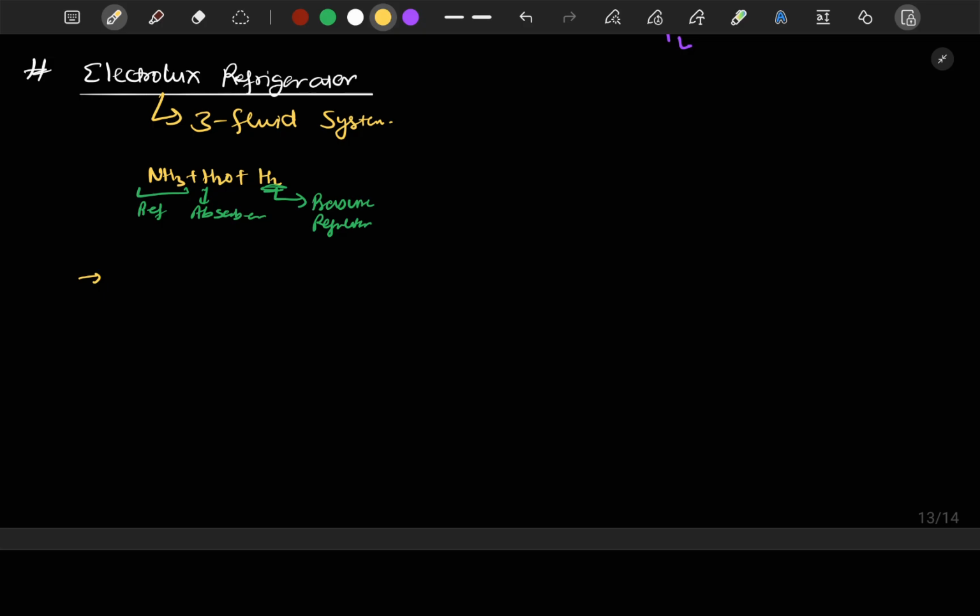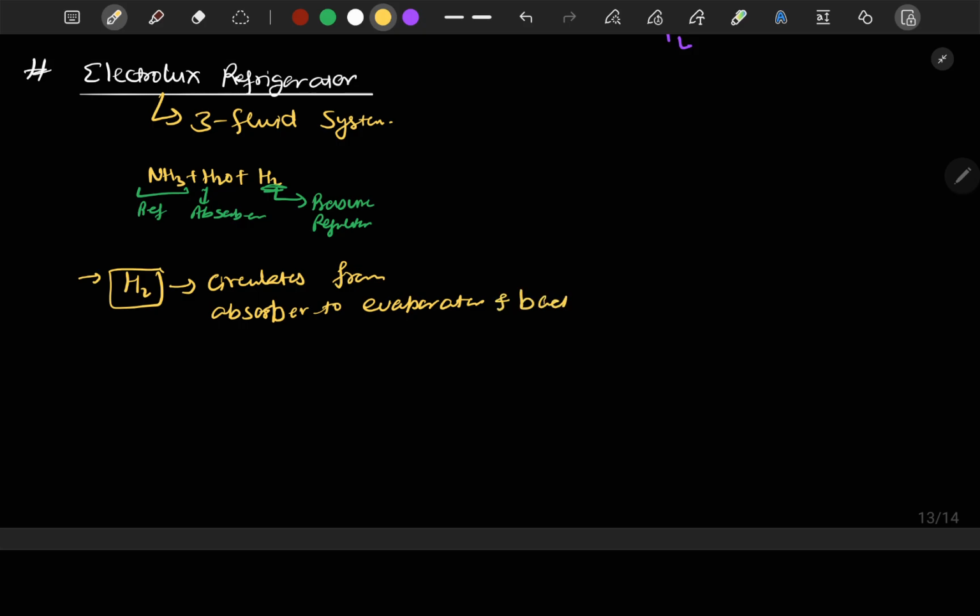Now if we talk about hydrogen gas, it only circulates from the absorber to the evaporator and back. So this hydrogen gas only moves from the absorber to the evaporator and back to the absorber.